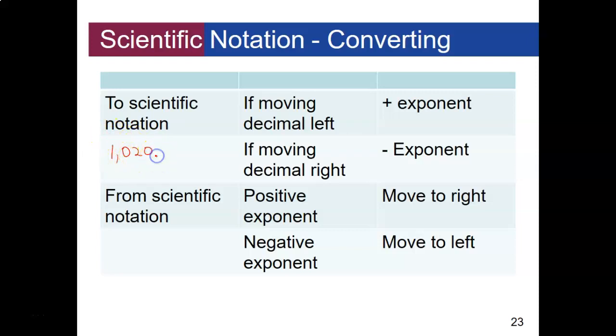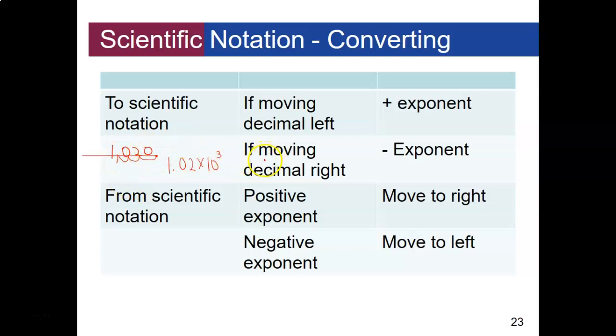So your decimal would normally be here. So I'm going to move it 3 places to the left. If I'm moving my decimal to the left, then I'm going to have a positive exponent. So it'll be 1.02 times 10 to the third power, which is equivalent to 1020.